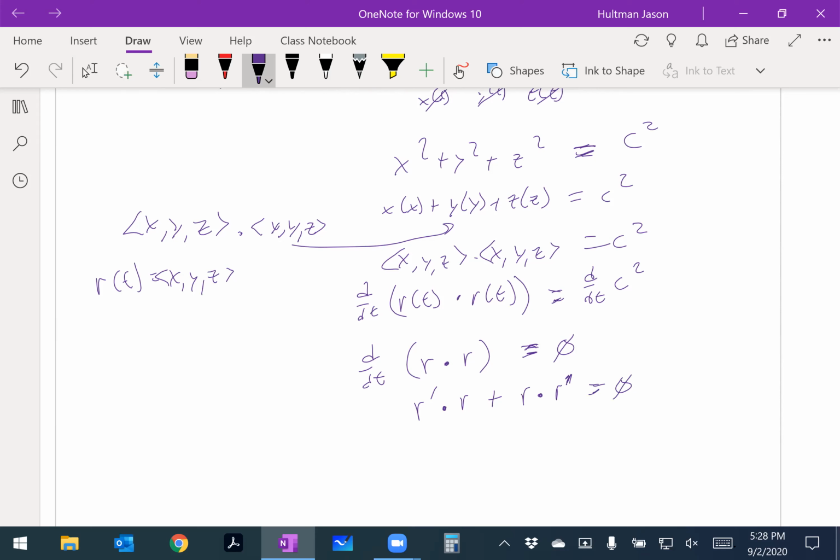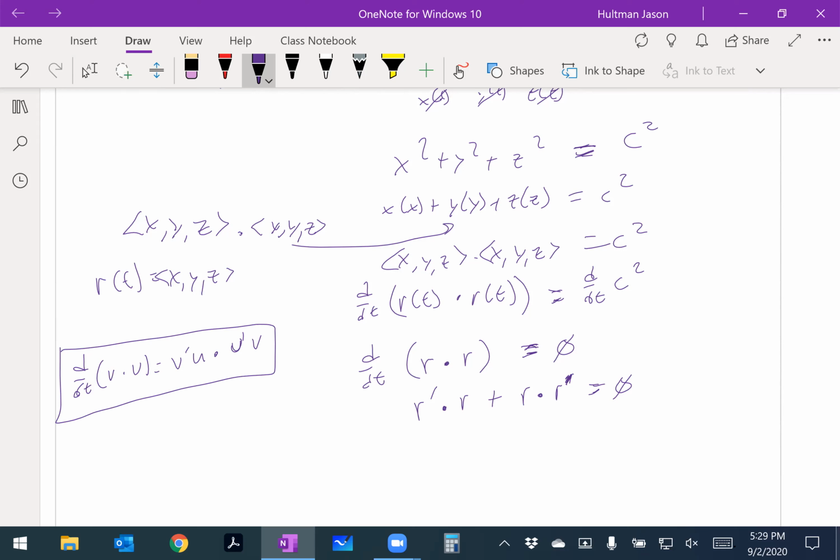So the dot product has a rule for derivatives here. d dt of v dot u is equal to v prime dotted with u plus u prime dotted with v. That's the property of derivatives of vectors.